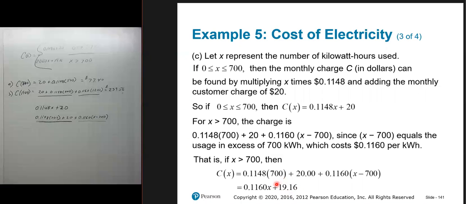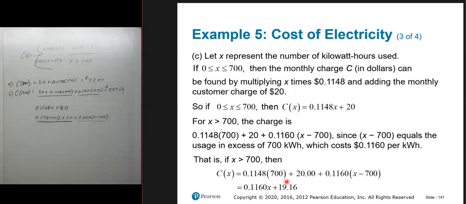So basically what happens is the slope of the line changes, your rate of change changes, as well as your intercept.